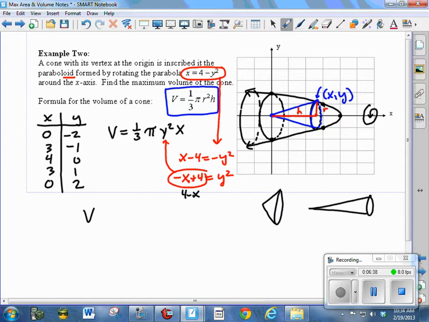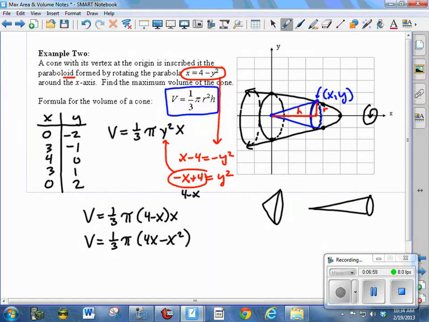So I have volume is equal to 1/3 pi times 4 minus x. Notice I'm not squaring it because 4 minus x equals y squared, times x. And if I were to simplify this a little bit more, I have 1/3 pi times the quantity 4x minus x squared.